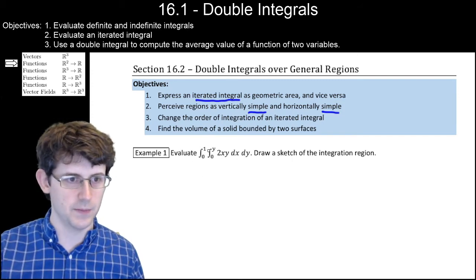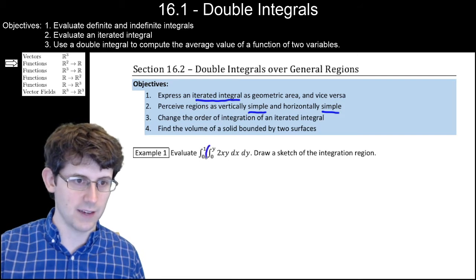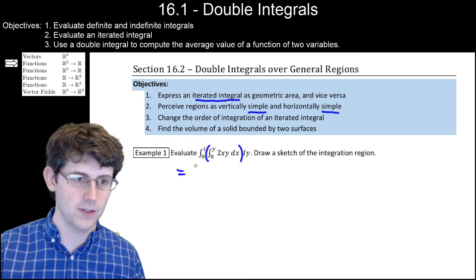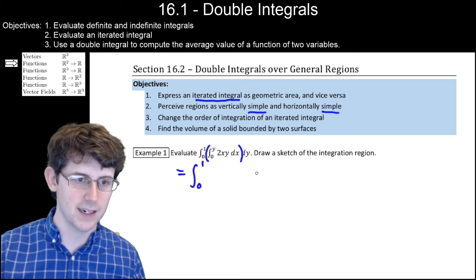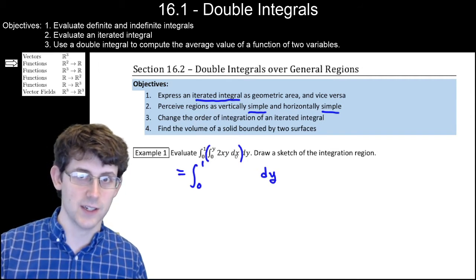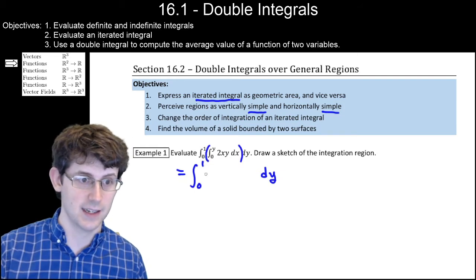First, let's find this integral. What we decided last time was that you can think of this as there's an inner integral and an outer integral. You can put off the outer integral until later, and then do the inner integral. And this inner integral is an x integral, so I can factor out anything that doesn't have any x's in it.